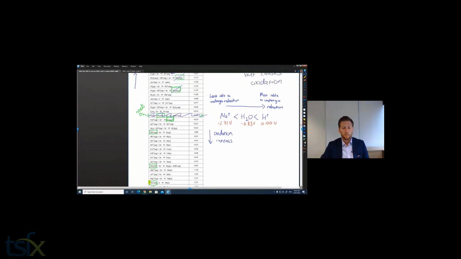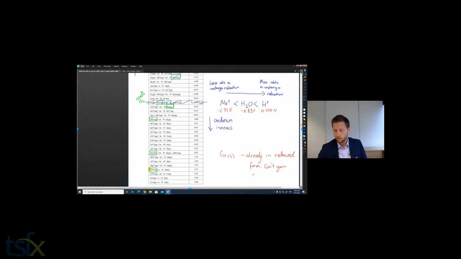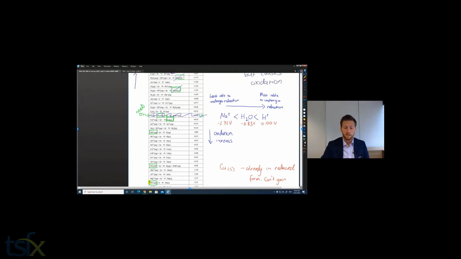Yep, copper can't be reduced. Copper is already reduced because it's already a copper solid. So remember, copper is already in the reduced form. It can't gain electrons. If it was copper 2 plus, then yes, copper would be the strongest.